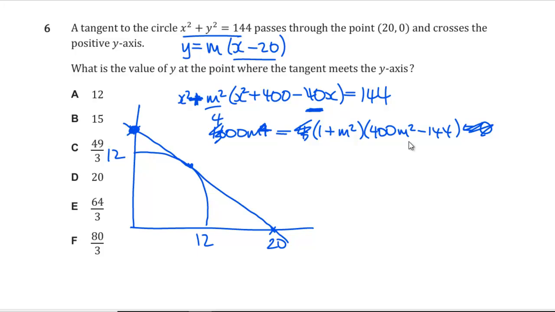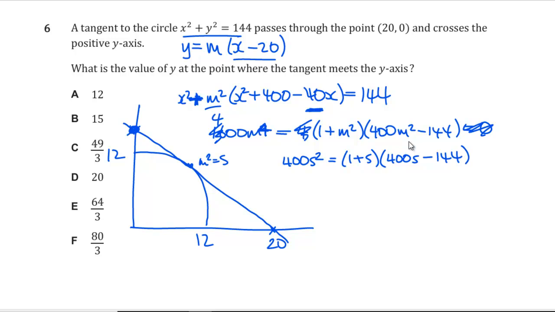Let's get rid of, turn this into a quadratic. So let's say that m squared equals s. So I've got 400s squared equals 1 plus s times 400s minus 144.